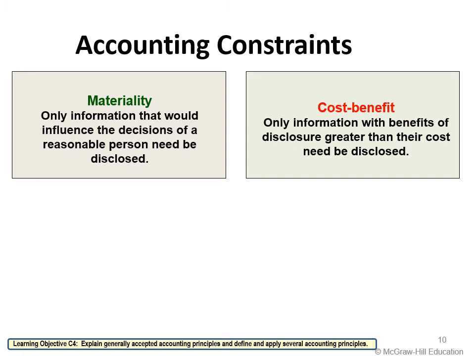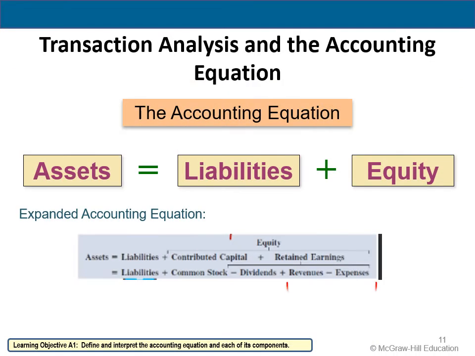There are some transactions where the cost of reporting on them does exceed their benefit. So that's the cost benefit constraint. Those are your GAAP principles.